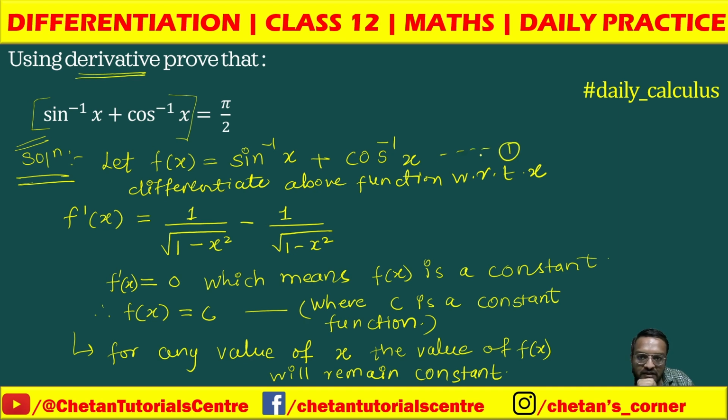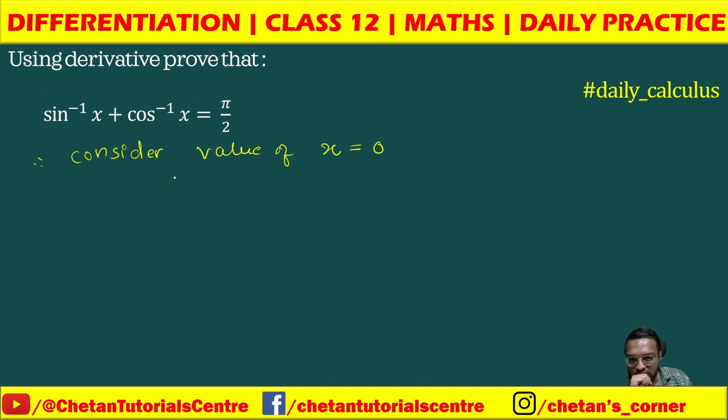Mark this as equation 1, then this as equation 2. Then f of 0 will also be equal to c, which is constant. So mark this as equation number 3.